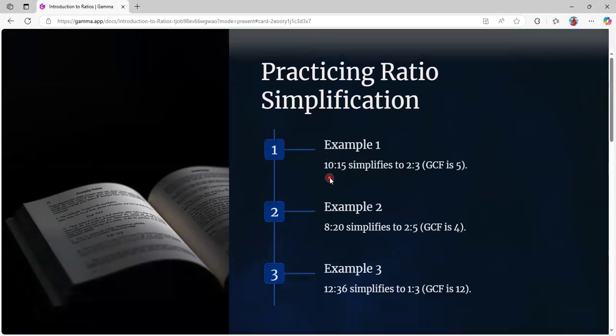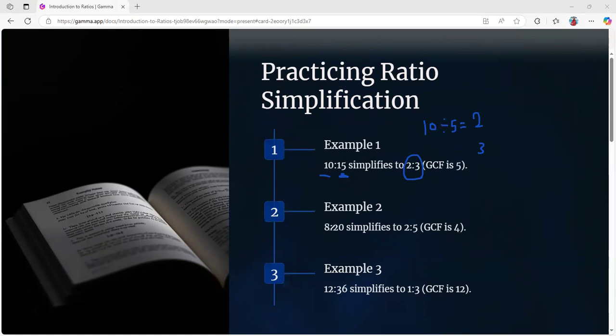Number 5 is called the greatest common factor. Then we will divide number 10 by 5 and divide number 15 by 5 also. 10 divided by 5 is 2. 15 divided by 5 is 3. So the new ratio in its simplest form is 2 to 3. This is how to simplify a ratio.